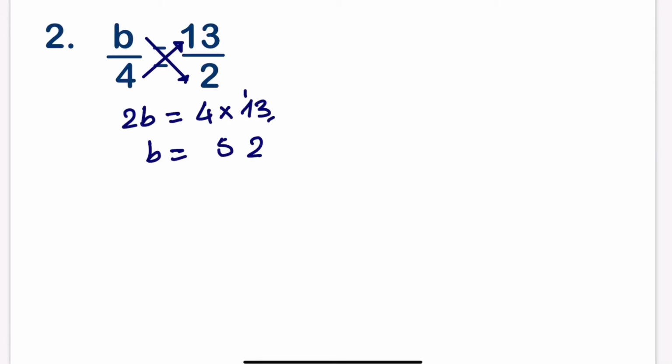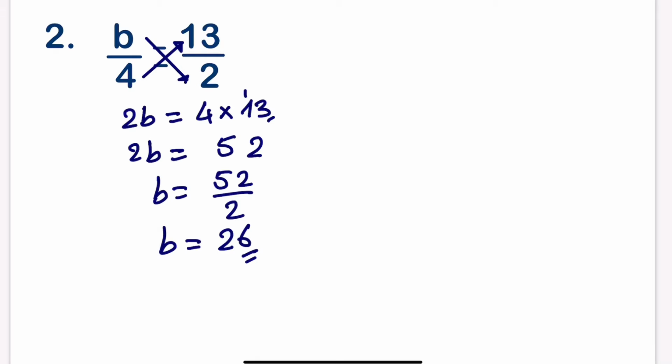So this will give us 52. So 2b will be equal to 52. This implies b will be equal to 52 divided by 2. So b will be equal to 26.